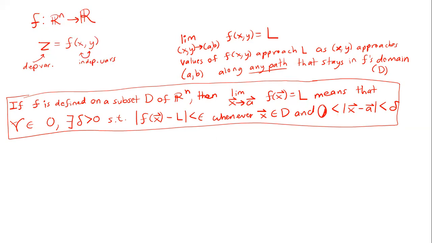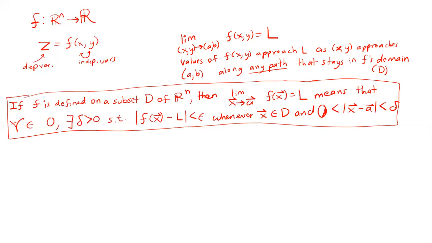And now we're having the case that we have functions of many variables, and if we look at the norm of the difference between my vector x and the vector that I'm bringing it toward, and I check that the norm of this difference is between 0 and delta, then no matter what epsilon I choose, I can always find a delta that makes |f(x) - L| less than epsilon whenever x is in the domain and 0 is less than the norm of x minus A is less than delta. Then I would be able to say that the limit as x goes to A of f(x) equals L.